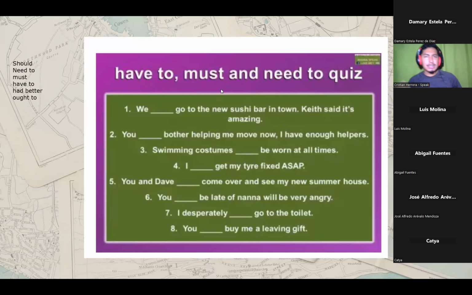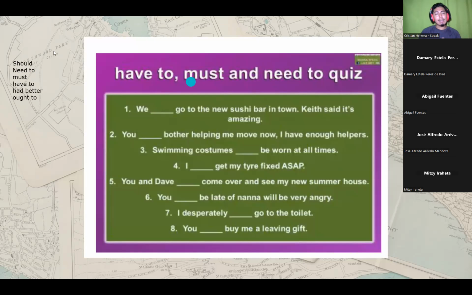I consider should is very common when we make suggestions. Actually, that's the basic structure for recommendations or for suggestions. That's why we are not going to practice should, okay? But in this opportunity, I want you to please complete the following sentences with the correct form of the modals and verbs: have to, must, and need to.